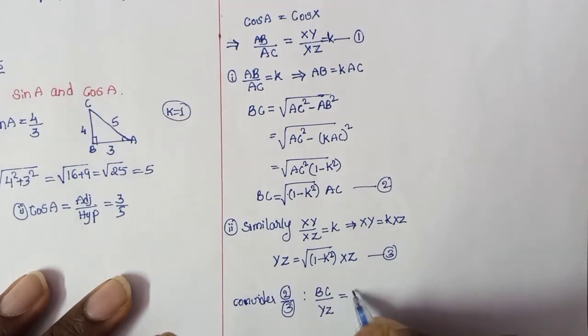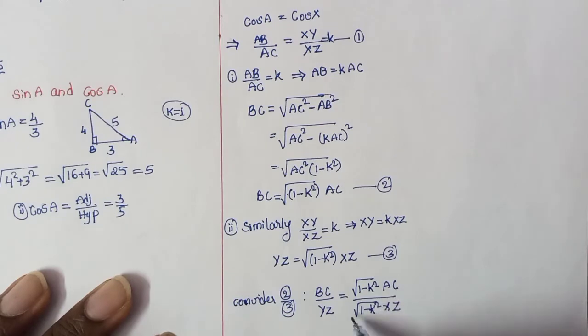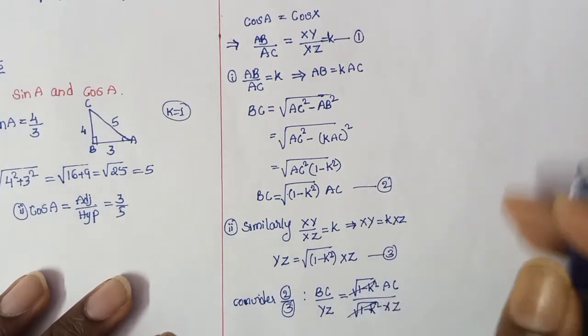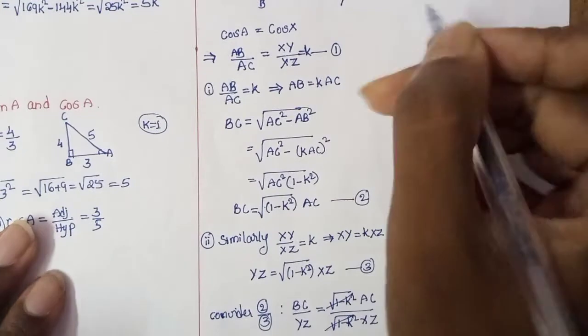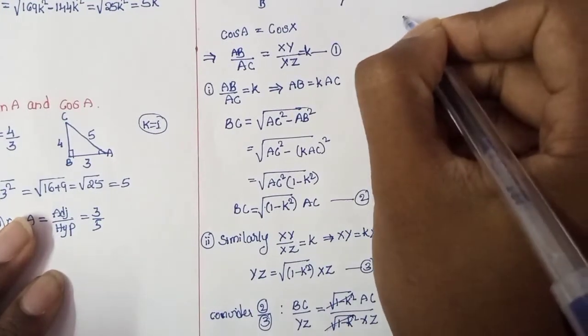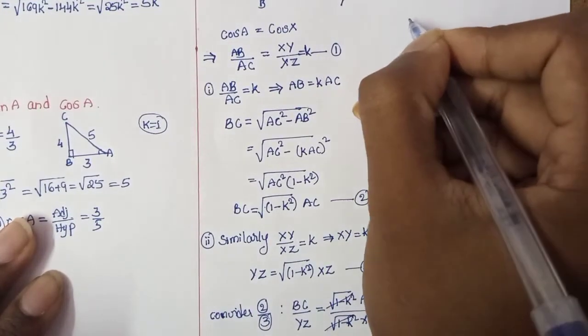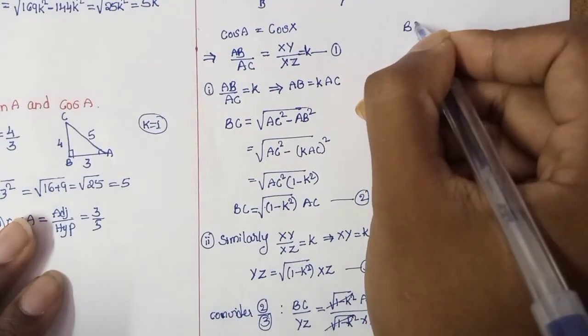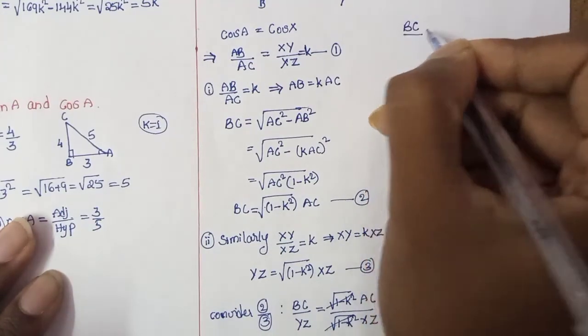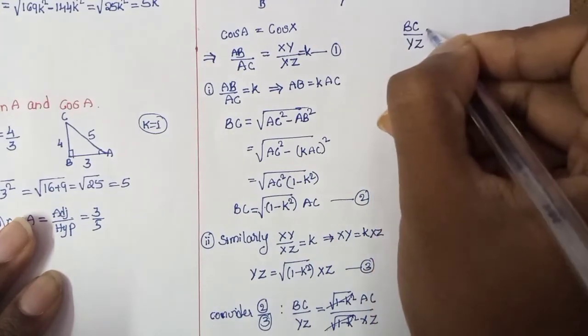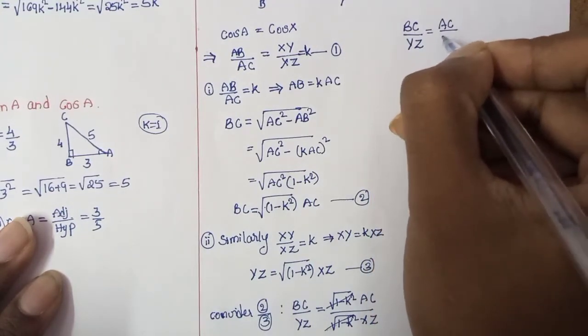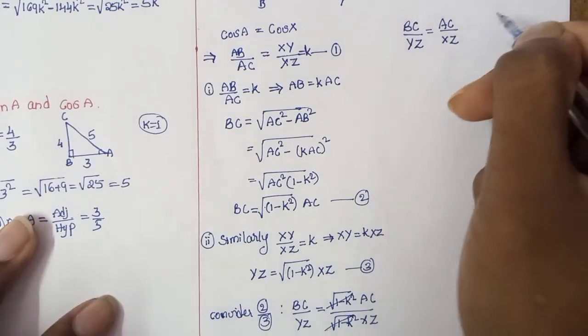BC by YZ is equal to under root of 1 minus K square into AC divided by under root of 1 minus K square into XZ. So 1 minus K square, 1 minus K square get cancelled. What we get is BC by YZ is equal to AC by XZ. This is the relation we get.